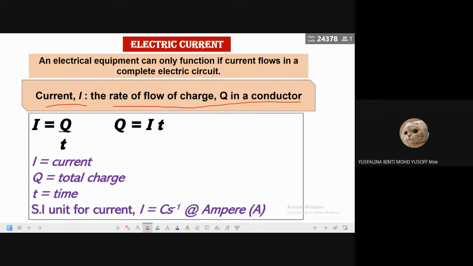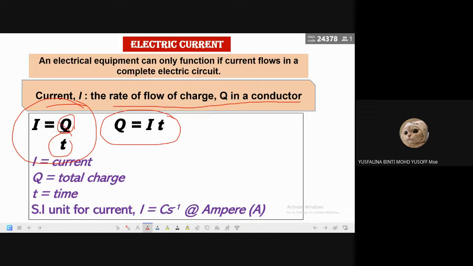So you know that it has to be divided by something. So I is equal to Q over T. So this is the formula for current. Or we can simplify it, if you want to remember it, like Q is equal to IT.